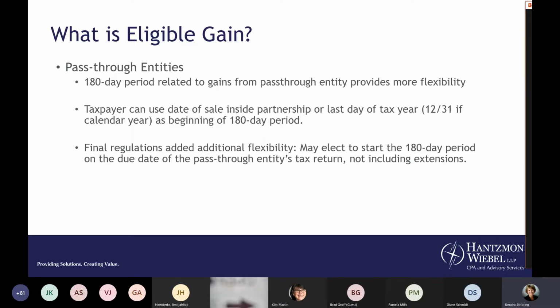The final regulations added additional flexibility and provide that the taxpayer may elect to start the 180-day period on the due date of the pass-through entity's tax return, not including extensions. So if you had capital gains coming through a partnership on your 2019 K-1, you would have had until September 11th, 2020 to decide to defer the gain and make an investment in a QOF.